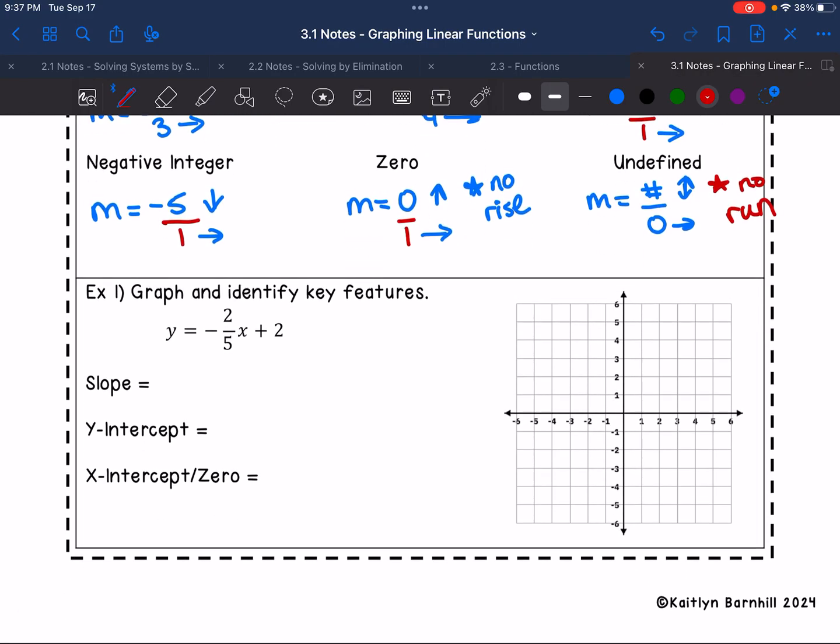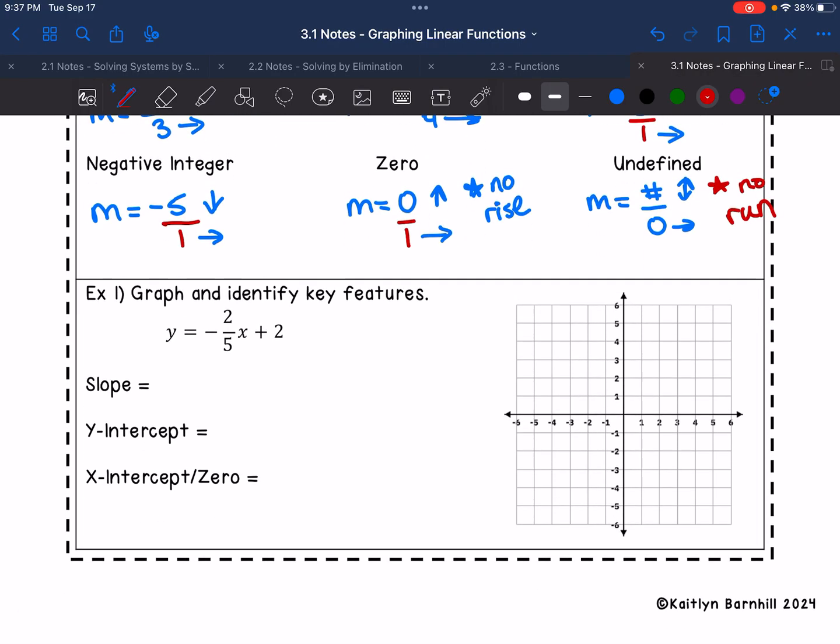What we're going to do is we're going to graph each of these, and we're going to identify key features. So let's start with the key features that we can see just from the equation. Remember that an equation in slope-intercept form is y equals mx plus b.